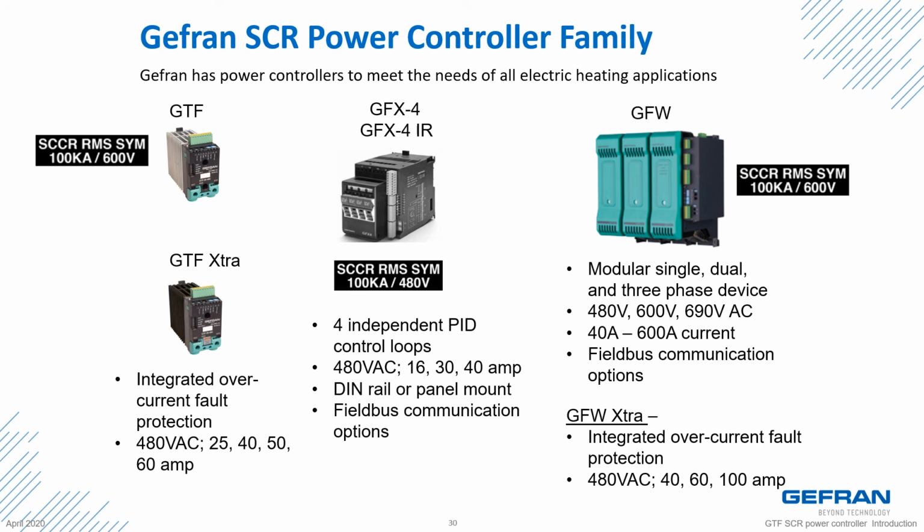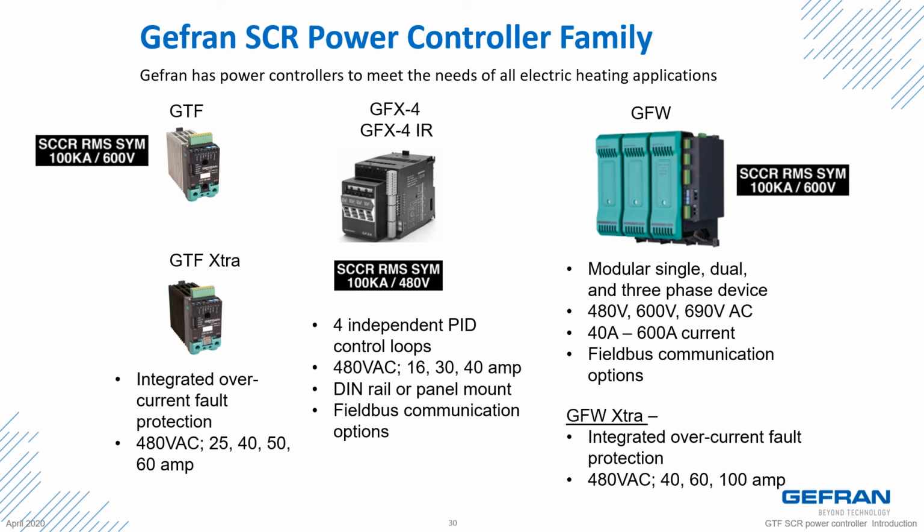The GFX4 and GFX4IR is an integrated package featuring 4 independent PID control loops. The GFX4 and GFX4IR can use its PID control loop or be configured to work with a PLC or programmable automation controller.